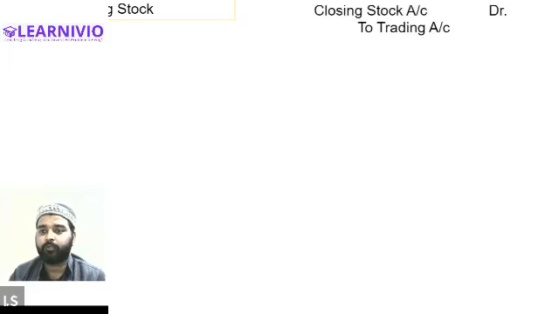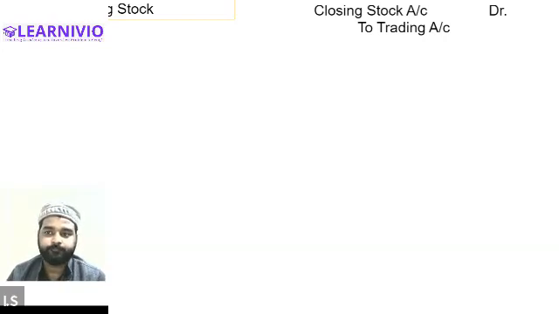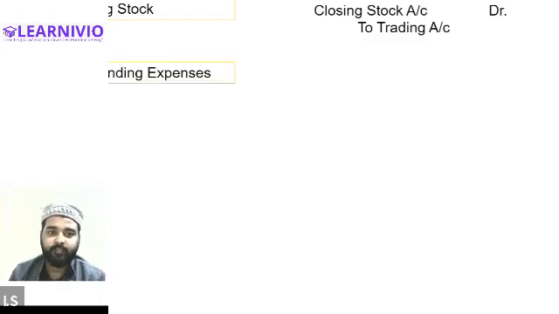Closing stock account debit to trading account. That means if closing stock is 30,000, then we will be debiting closing stock 30,000 to trading account 30,000. Done. Okay. Moving on to the next adjustment entry.